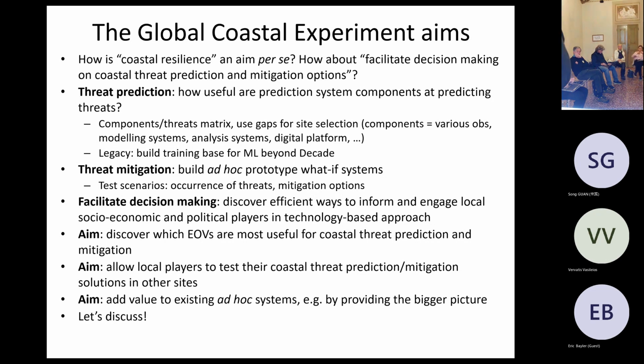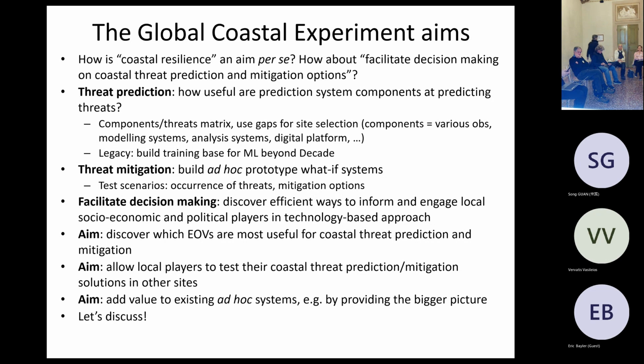The second type of question is about threat mitigation. This brings up the idea of building ad hoc prototype what-if systems. This has been said a few times during this meeting up to now. For instance, that could be used to test scenarios, so of course occurrence of threats, but also options that could be used to mitigate those threats.